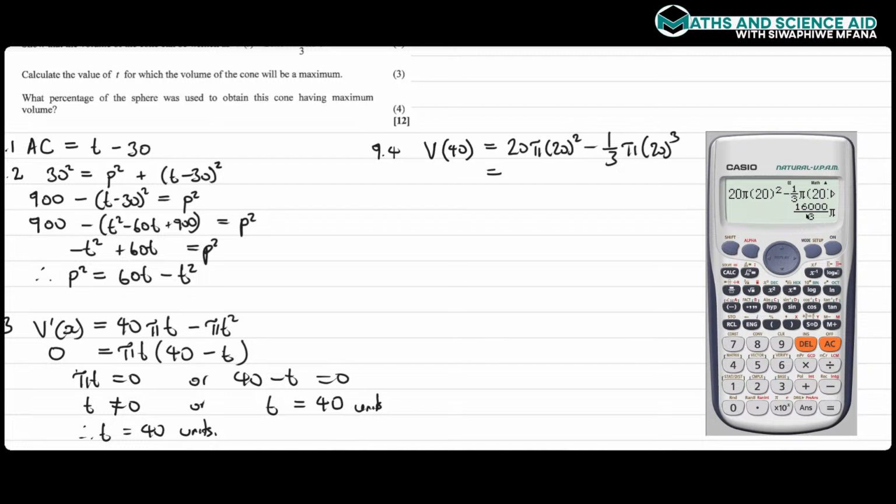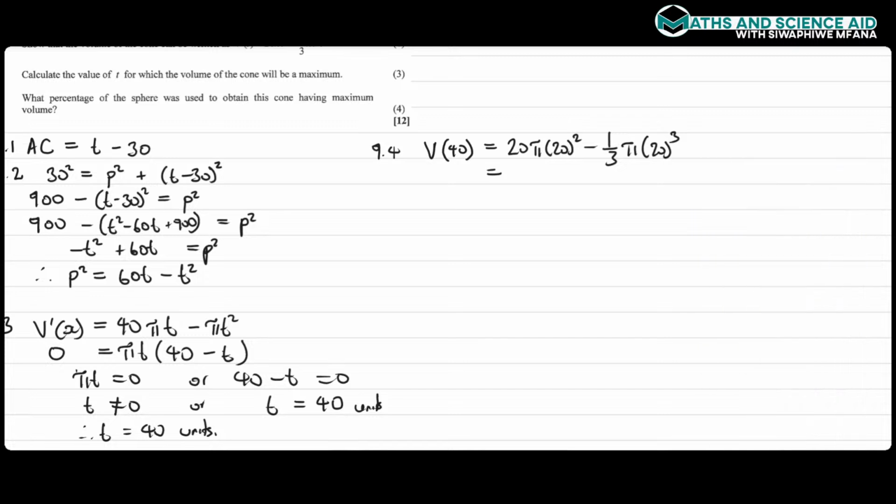As you can see, we are getting 16,000 pi over 3. I would advise you to just leave our answer like this.